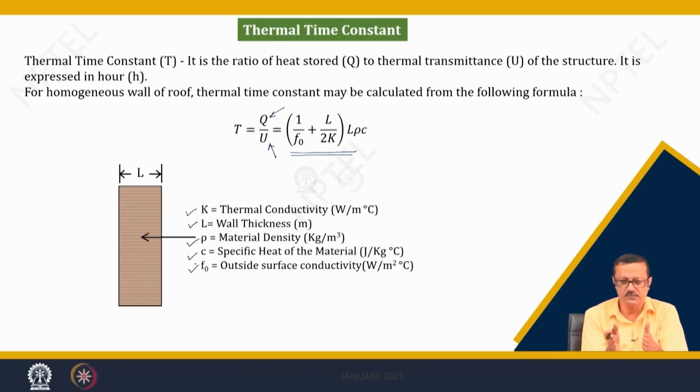This equation holds good when it is a single leaf or a homogeneous wall. So, no plastering, nothing, just a brick wall or maybe a concrete wall, shear wall kind of a thing.